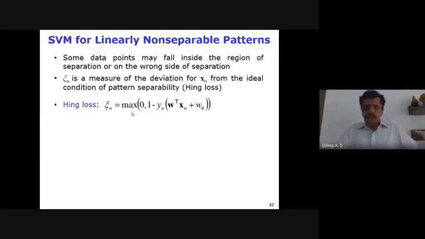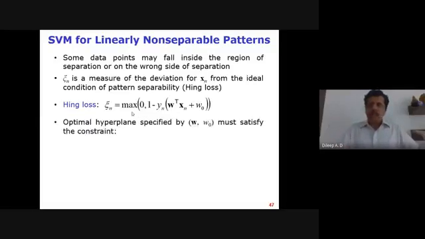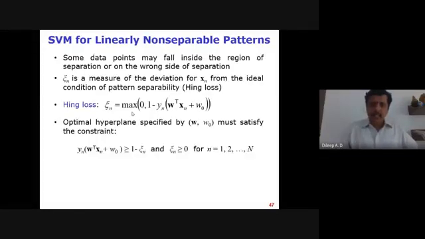Earlier the constraint was only y_n times (w transpose x_n plus w_0) is greater than or equal to 1. Now I am introducing the minus zeta_n also, allowing this deviation. This is my constraint, and this zeta_n is always a positive quantity.